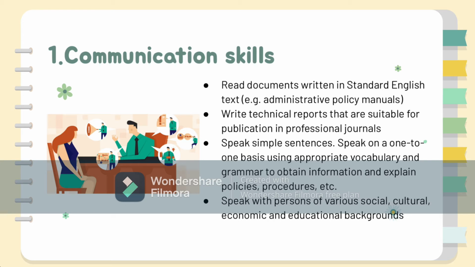Speak in simple sentences. Speak on a one-to-one basis using appropriate vocabulary and grammar to obtain information and explain policies, procedures, and more. And lastly, speak with persons of various social, cultural, economic, and educational backgrounds to practice his or her communication skills.